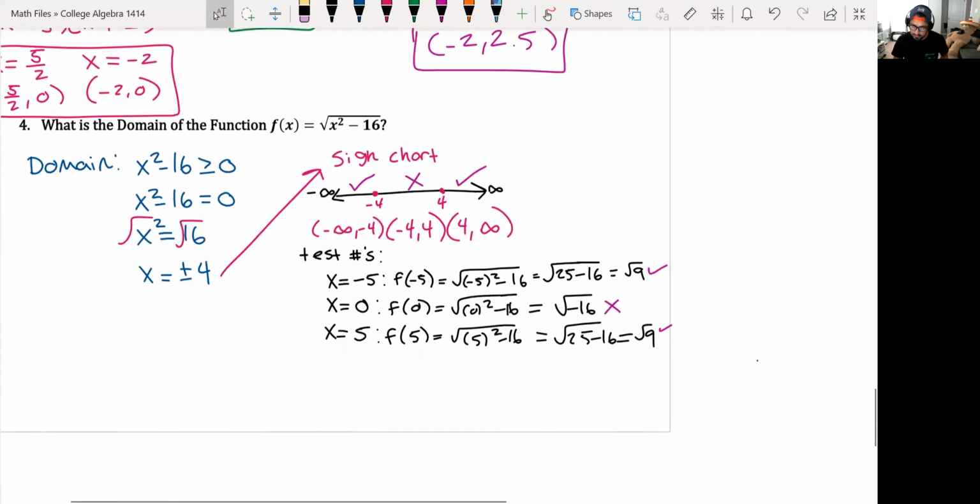Now, let's put it all together for the final answer of what it was asking us. We were being asked, where are we greater than or equal to 0?